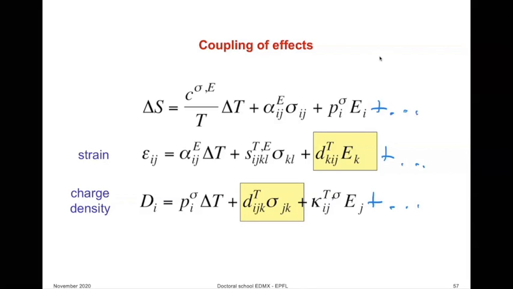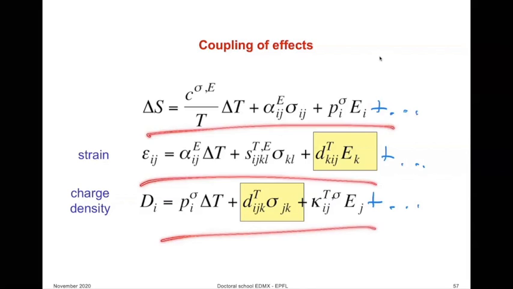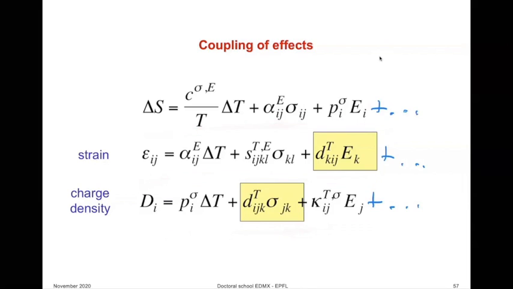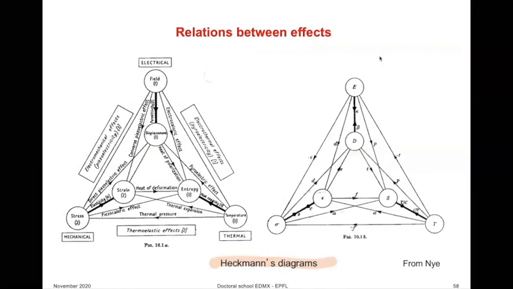These are all, as you can see, linear equations, but we can add higher order terms, and we will do that later on, at least for electromechanical coupling. So for entropy, strain, stress, temperature, the electric displacement, and electric field, we can construct the following Heckmann's diagrams, and then you can make them in 3 dimensions if you add magnetic fields and so on.